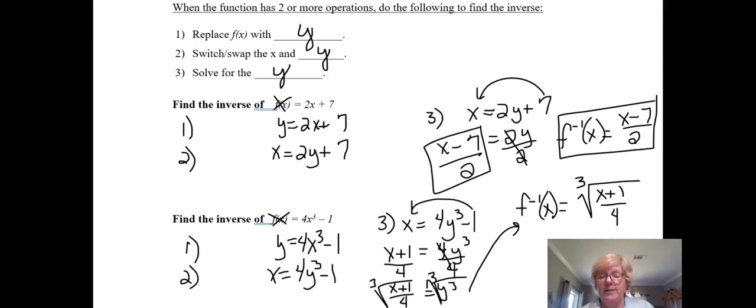Now compare the answers. I have cube root instead of exponent 3. Those are opposites of each other. I have plus 1 instead of minus 1. Again, opposite operations. And then my inverse answer is divided by 4 instead of having multiplied with 4. So that is your inverse.